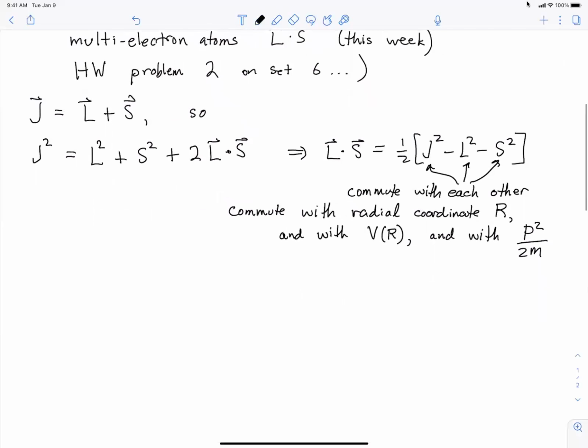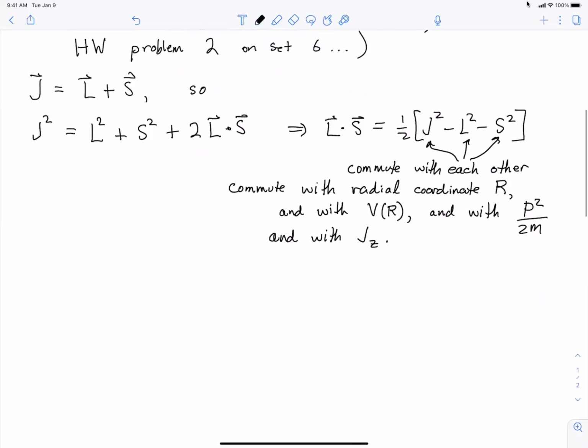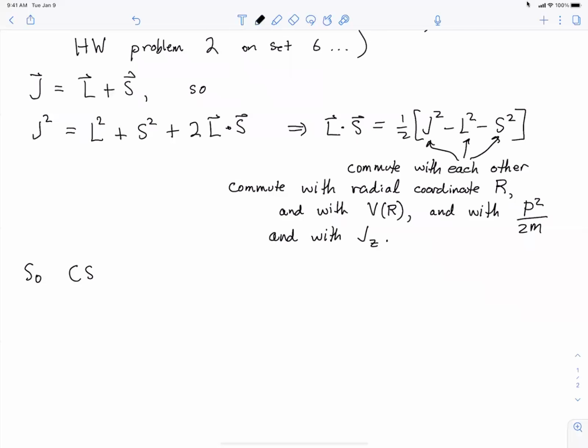Not only that, they also commute with the z component of the total angular momentum J. All of that put together means that a complete set of commuting observables is the Hamiltonian, because everything I've included previously is what the Hamiltonian will depend on. All of these things commute: L squared, S squared, J squared, and then I can throw in J sub z.